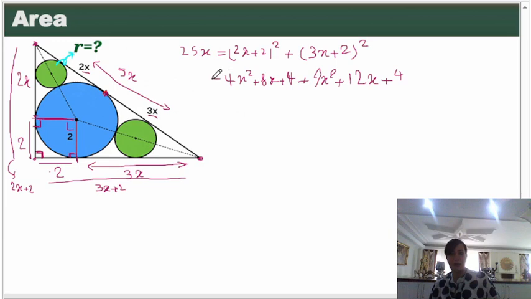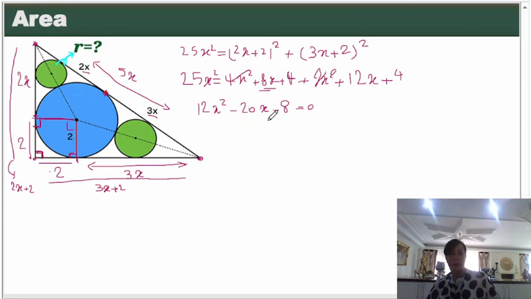If I bring all of this expression to one side, I will have 25x squared, so if I bring all of them to one side, it is 12x squared minus 20x minus 8 equals 0.